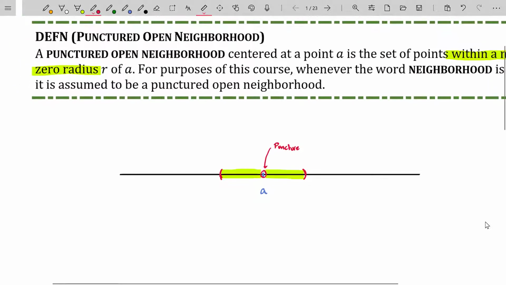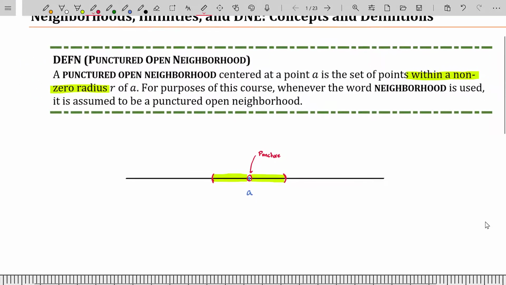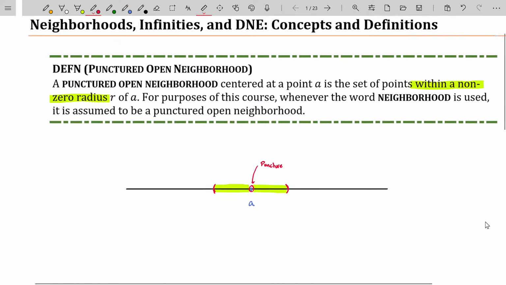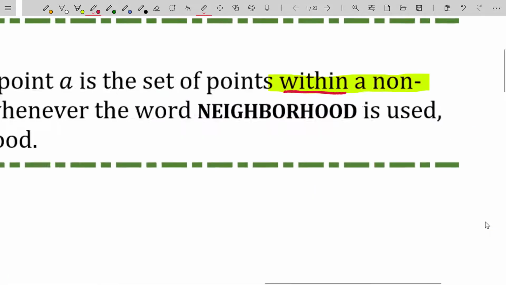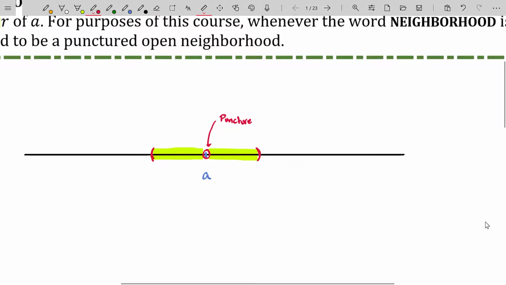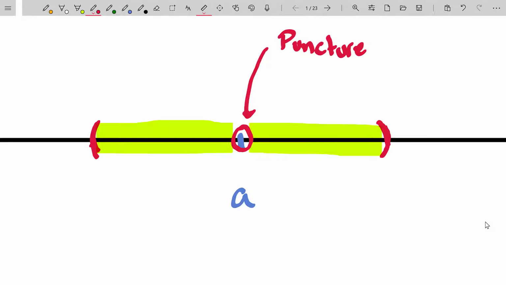Now, it is also an open neighborhood. This is kind of critical because the word within right here is telling us that we're only considering points within that radius, but not at the edge of that radius. So notice on my drawing here, I did not include those endpoints, which are a distance of R away from the central point A. In fact, let me draw that in.